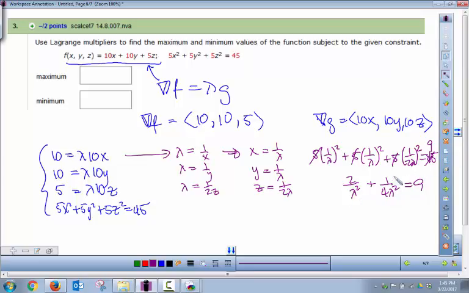We have to combine common denominators, so I need to multiply this by 4 over 4. So that's 8 plus 1 over 4 lambda squared. So that's 9, right? So the 9s would cancel, and there's still a 4 over here.